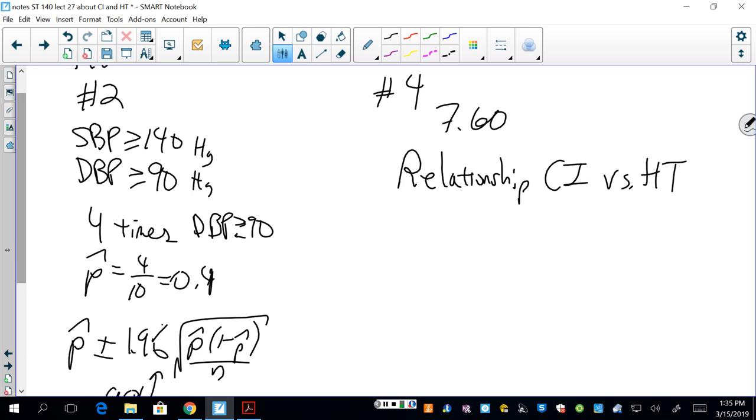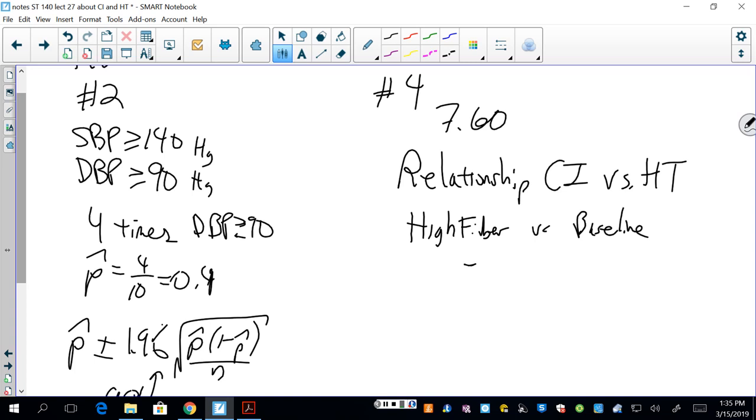So this one: test the hypothesis that the high fiber diet has an effect on cholesterol levels compared with baseline. Down there, it gives a confidence interval for high fiber versus baseline.